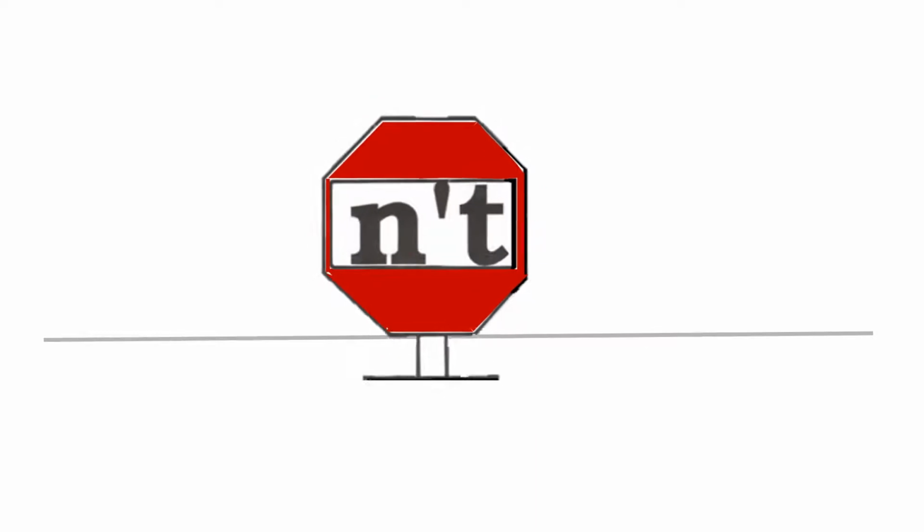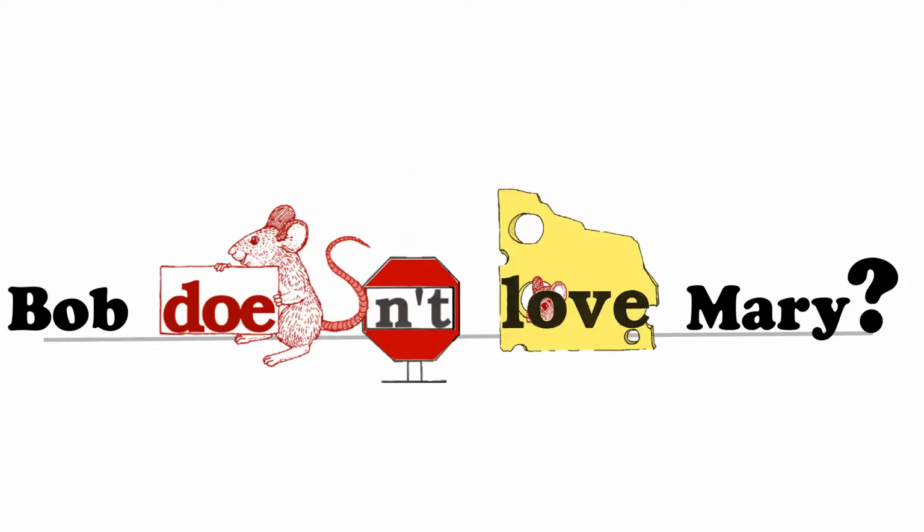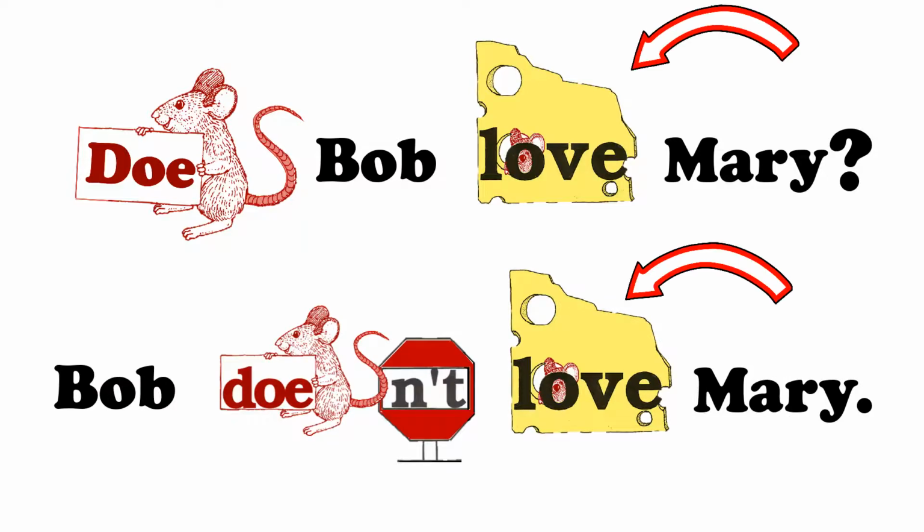A stop sign, of course. So we're going to put the not, contracted n't, between the mouse and its cheese. Bob doesn't love Mary. What kind of punctuation? A period. Listen again. Does Bob love Mary? Bob doesn't love Mary. And the cheese hasn't done anything.